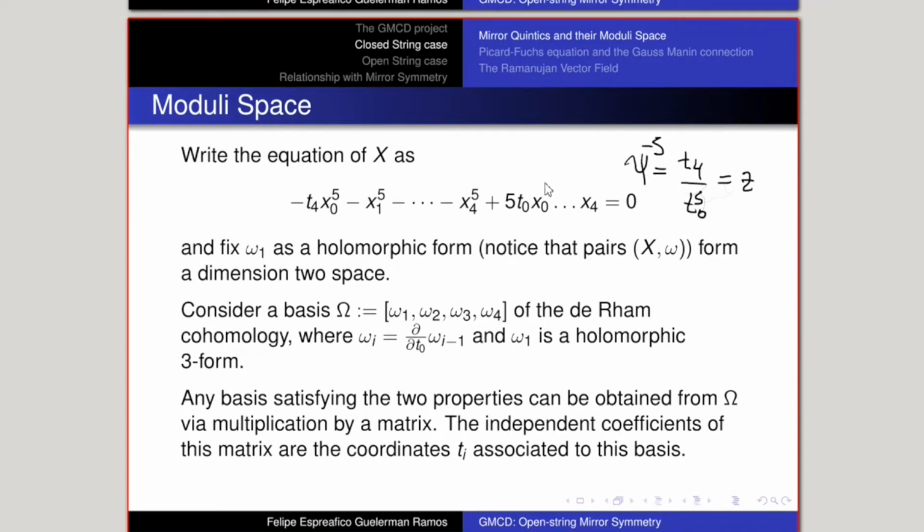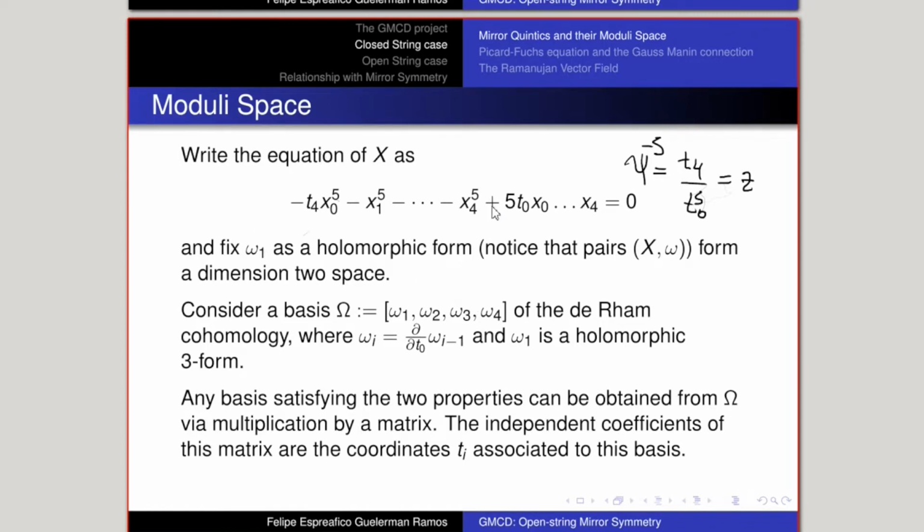So actually, one of these parameters is just changing the holomorphic form, not changing the equation, right? That's why we have 2 parameters here, although the complex structure is just a 1 parameter family. But this extra parameter is for the holomorphic form.